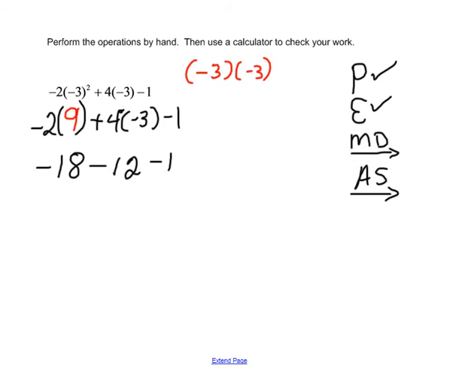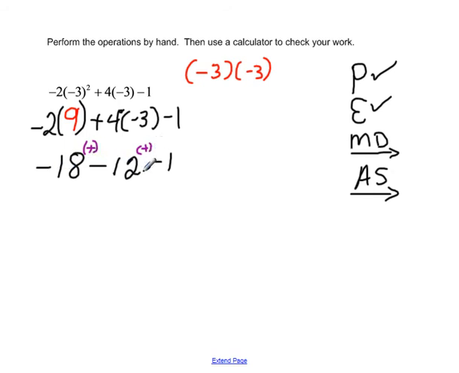So when we get to this point, depending on how you're feeling about working with these signed numbers, if you're comfortable just going ahead and combining them, that's just fine. We could also think about the idea of adding the opposite with all of these by putting in kind of like a little invisible plus sign, but making that visible. Because -18 minus 12 is the same as -18 plus a -12.